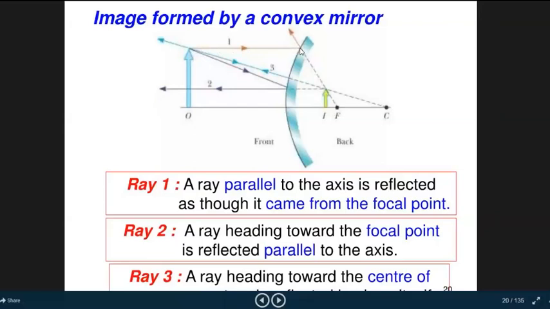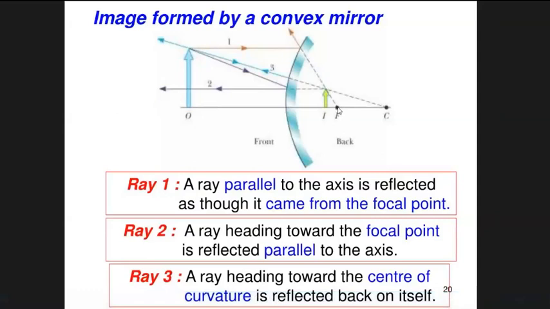Then after reflection, it must appear to be diverging away from the focus. So here, you see here, this gets reflected like this. So you draw, extend behind, then it will converge to the focus. So it will appear to be diverging away from the focus.